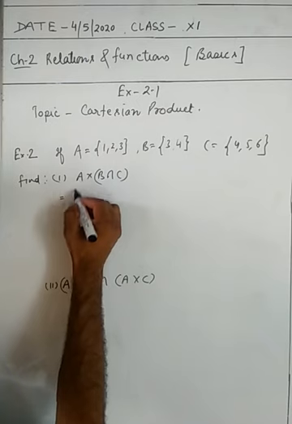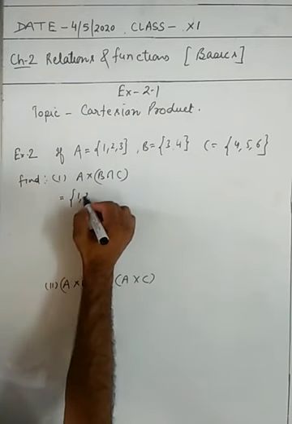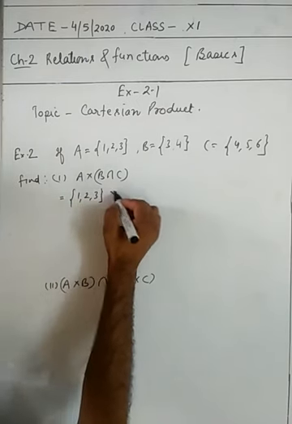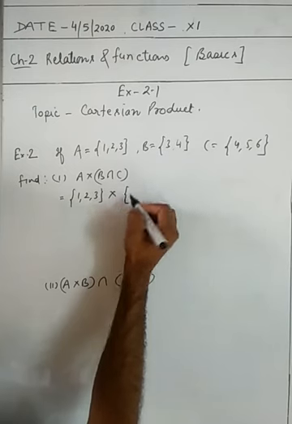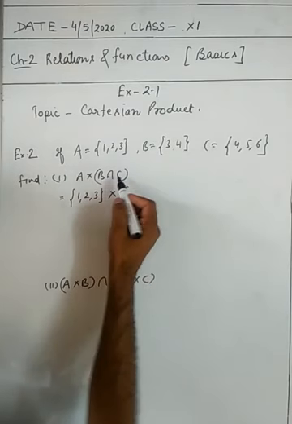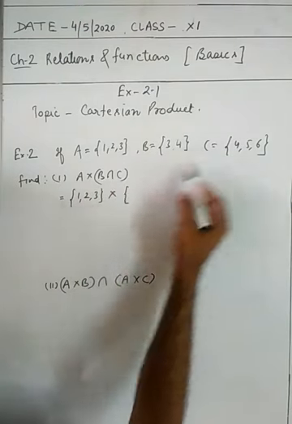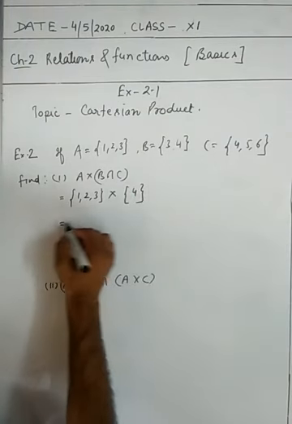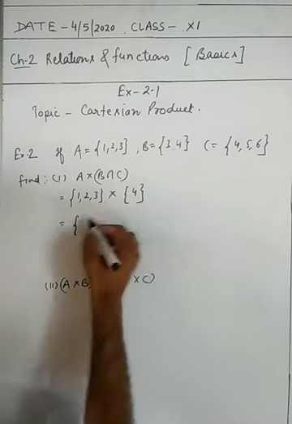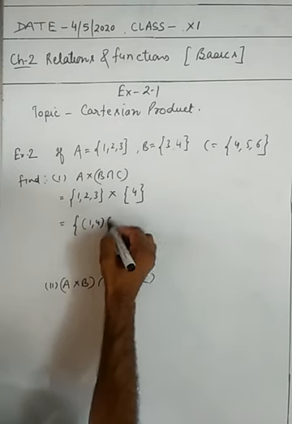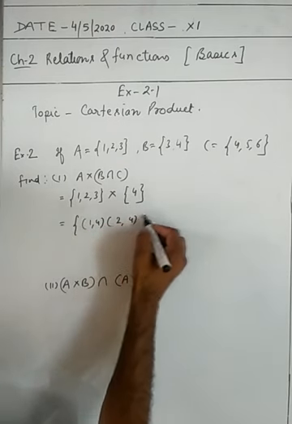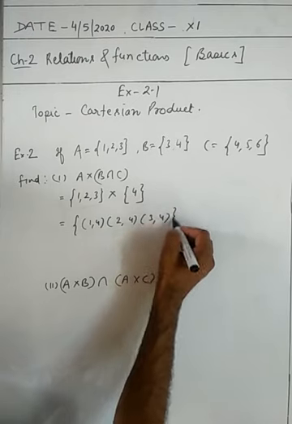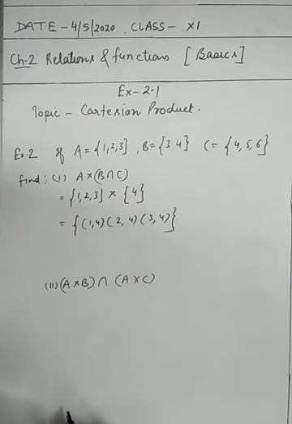First write the elements of set A: this is {1, 2, 3}, cross product. Write the B intersection C. Here we see that in B intersection C only 4 is common. Now write the Cartesian product. This is (1, 4), (2, 4), and (3, 4). This is A cross (B intersection C).